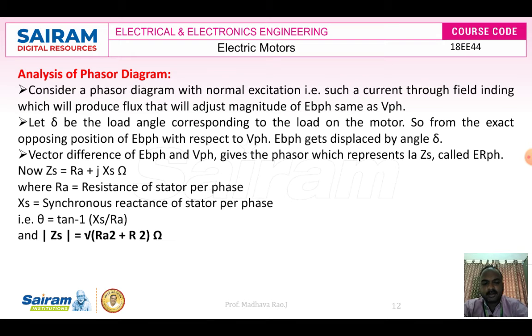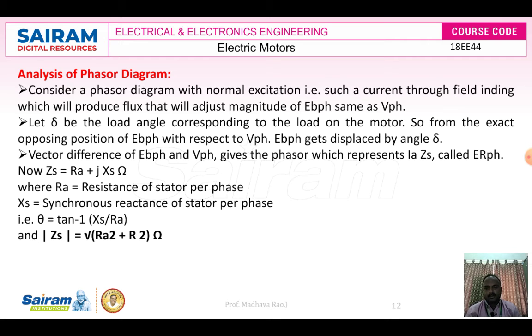Now we will see the analysis of the phasor diagram. Consider the phasor diagram with normal excitation. Current flows through the field winding which produces the flux, and the magnitudes of voltage are EBPH and VPH. Let delta be the load angle, corresponding to the load on the motor.